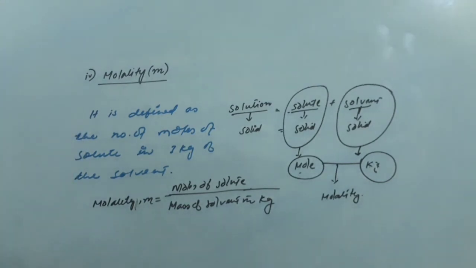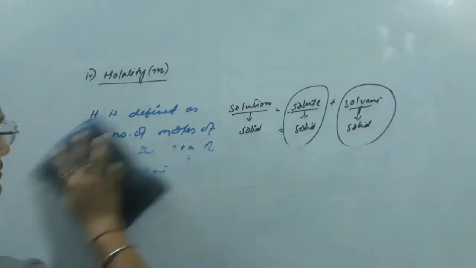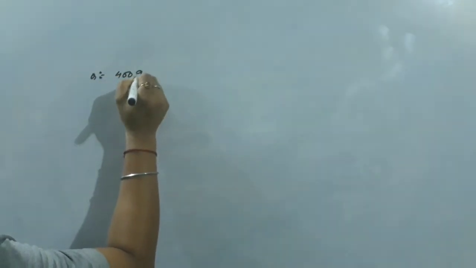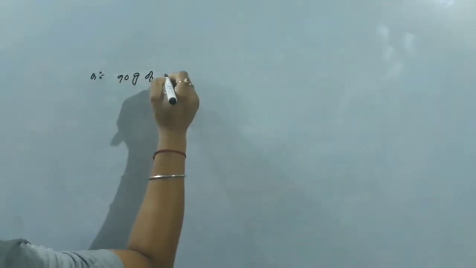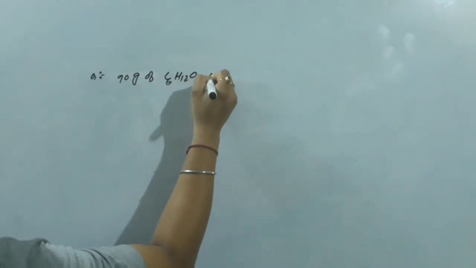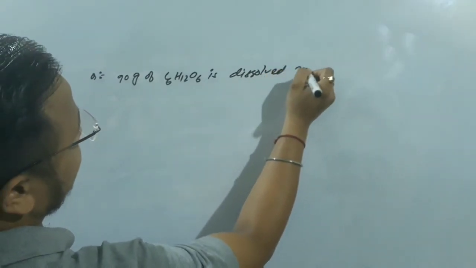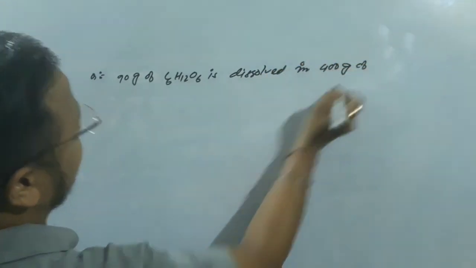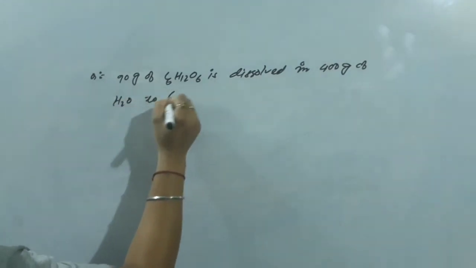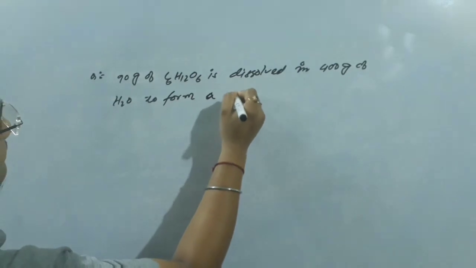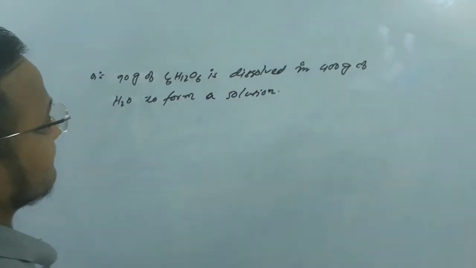So let's go through one numerical, guys, then we will end the class for today, and this will be the end of this particular unit. Consider 90 gram of C6H12O6 dissolved in 400 gram of water to form a solution.